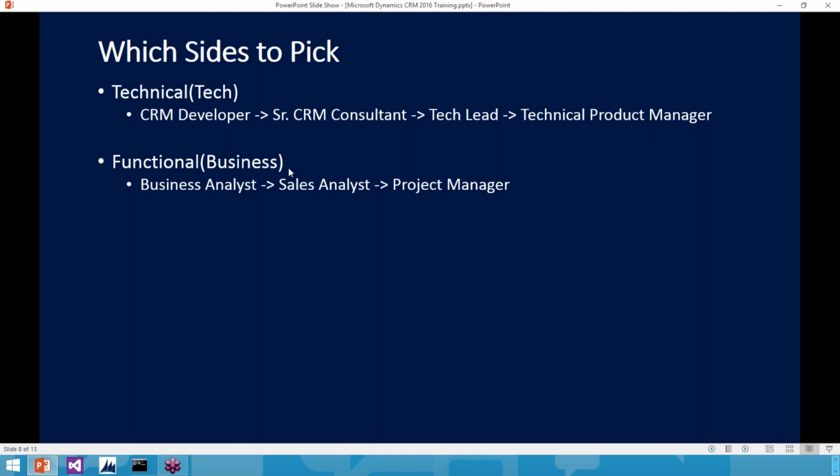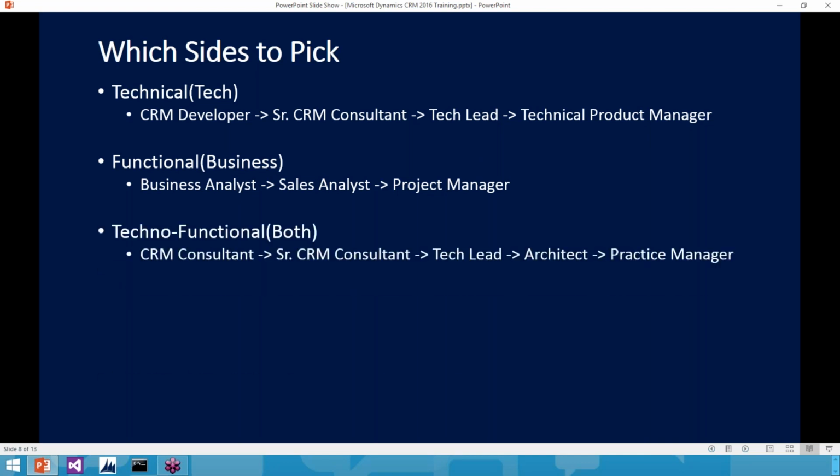The second one is functional. It's more business oriented, like a business analyst. They don't have to know a lot of the technical side of CRM, but they definitely have to know the functional side of the CRM. Techno-functional: I would highly suggest you guys to be both technical and functional.